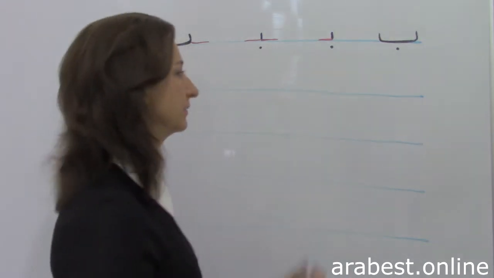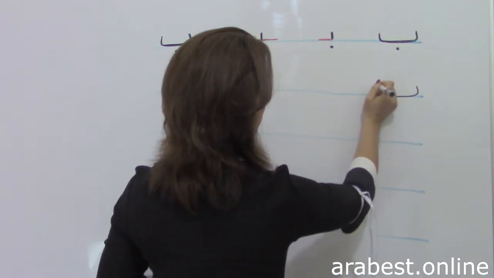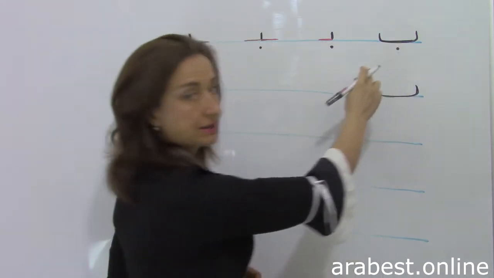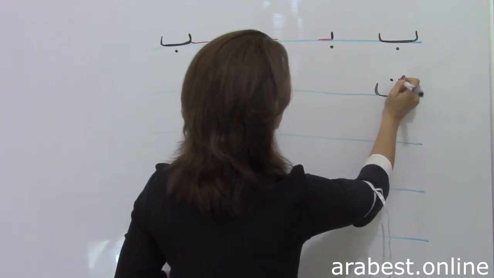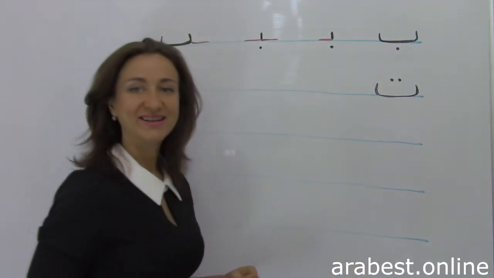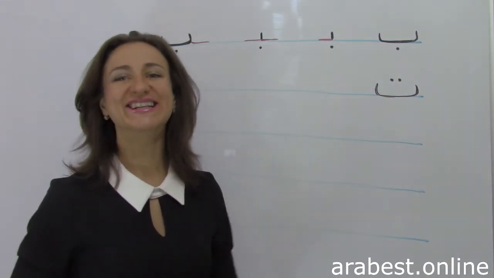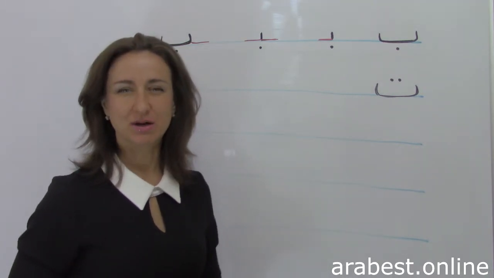Let us write it down. Almost the same as letter ba, but with two dots above, looking like a kind of square smile. Maybe this is the way Schwarzenegger smiles.